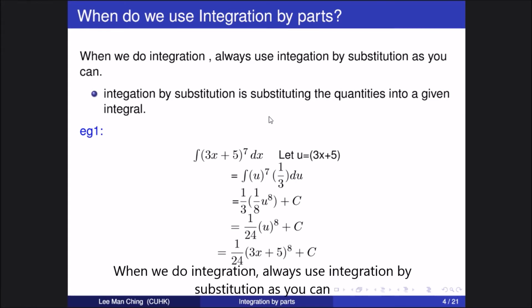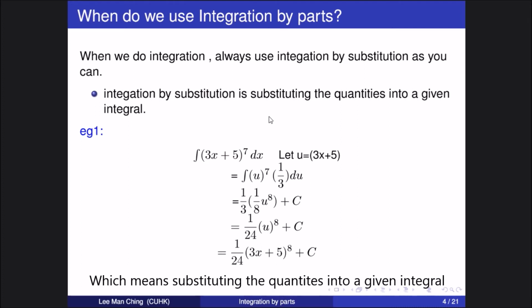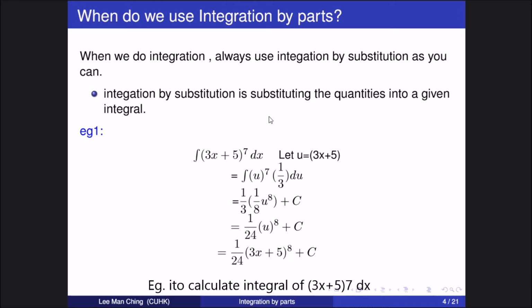When we do integration, we always use integration by substitution as much as we can, which means substituting a quantity in a given integral. For example, to calculate the integral of (3x plus 5) to the 7th power with respect to x, we need to let u be 3x plus 5.